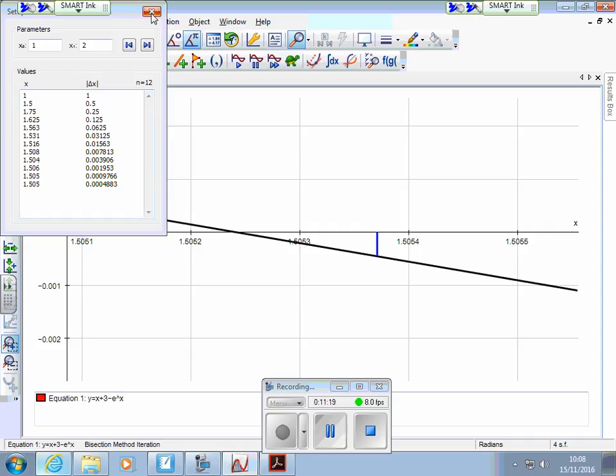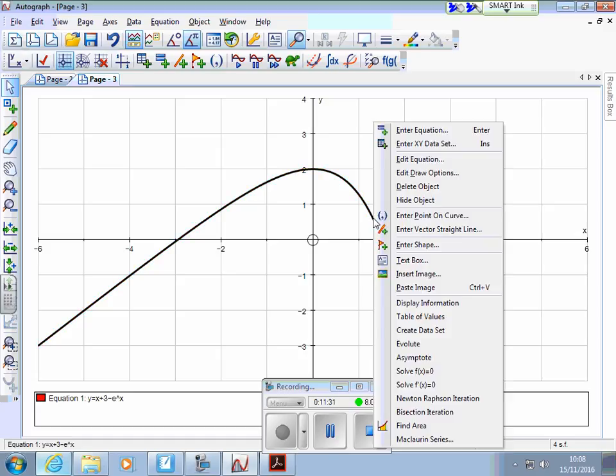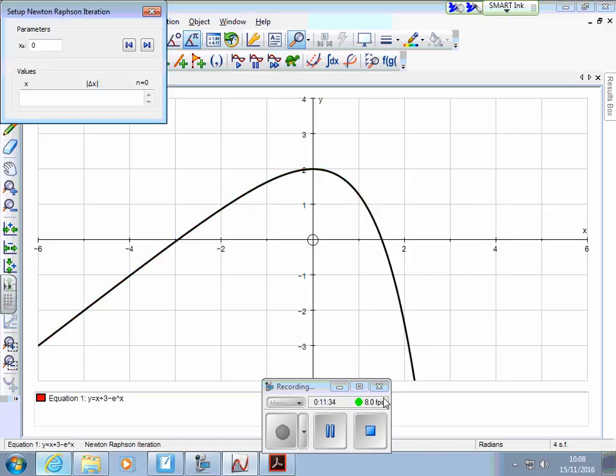So that's the bisection method. I just click on the other page here. Again, select the function, right click, Newton-Raphson's iteration. This time there's only one parameter, the first initial guess. We started with 1. As we do that, we add an iteration.